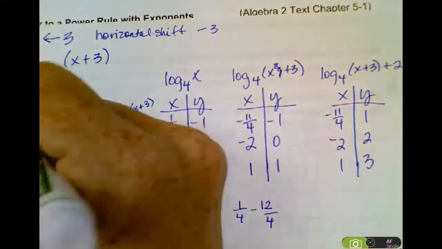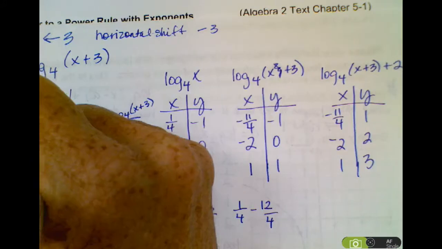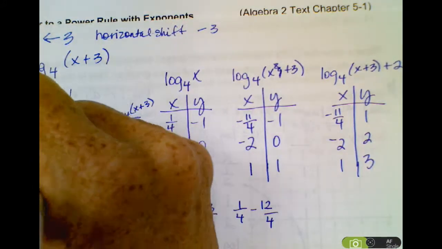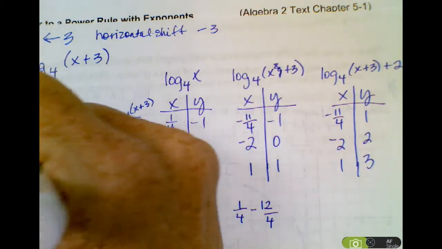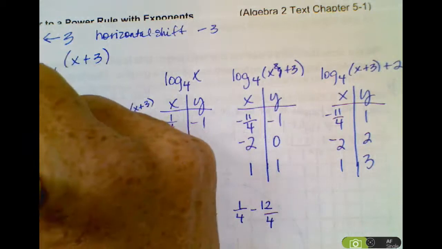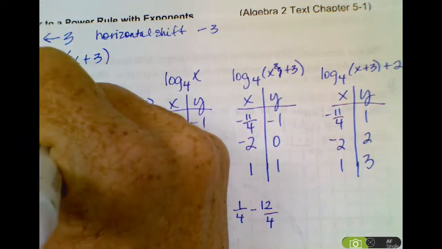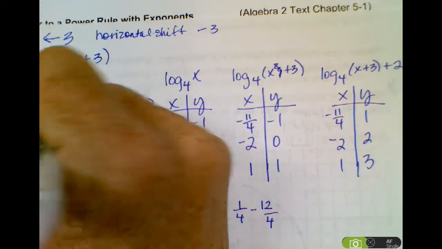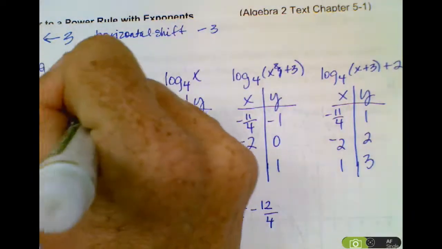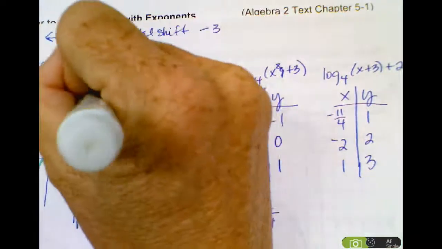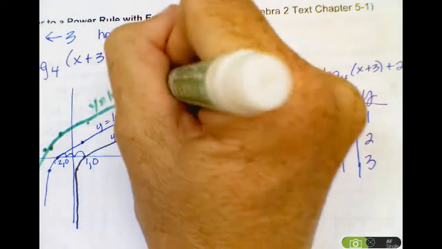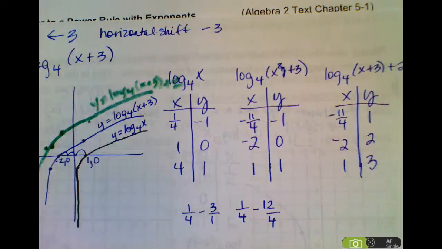We'll do negative 11/4, 1, negative 2, 2, and 1, 3. So now all it did was take our curve and shift it up. So this is y equals log 4 x plus 3 plus 2. Okay?